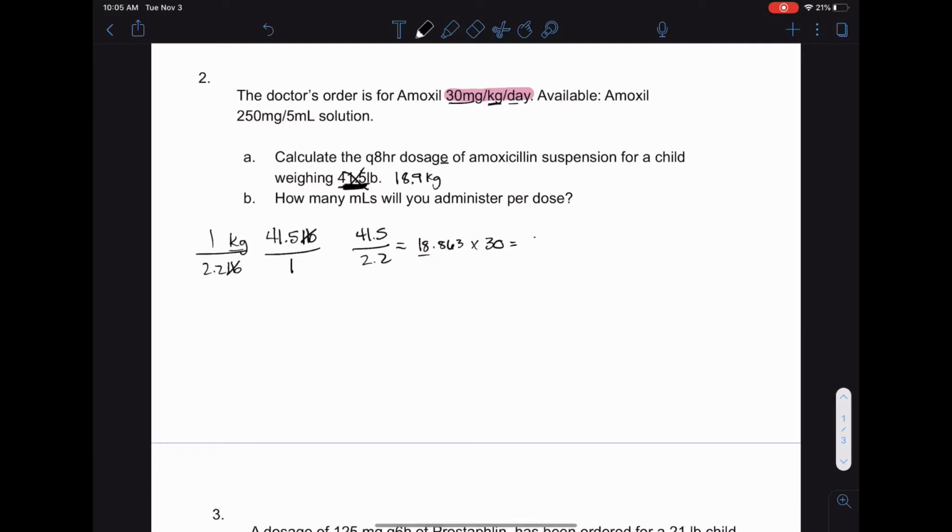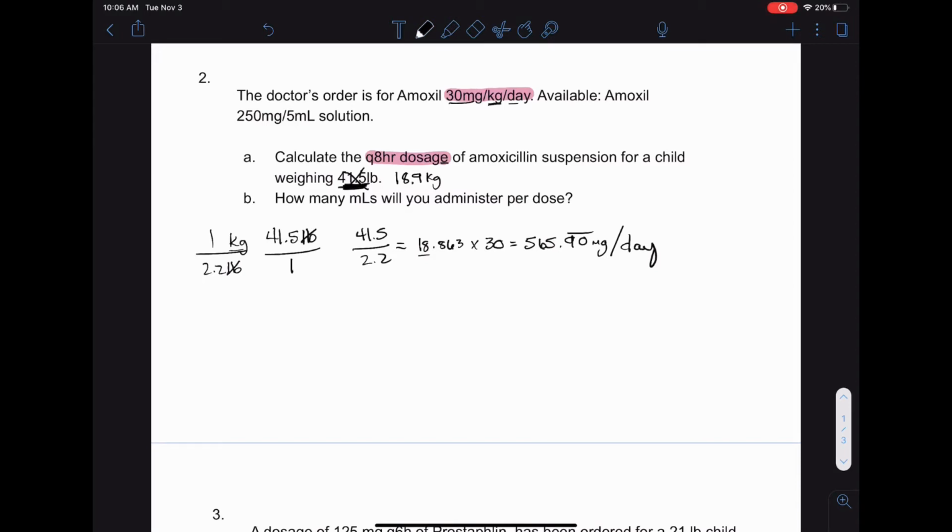So this was 565.90, and then that repeats. And that is milligrams per day. Now, if we're looking at this first part of the problem, it's not wanting to know the per day dose. It wants to know the Q 8-hour dose, right?